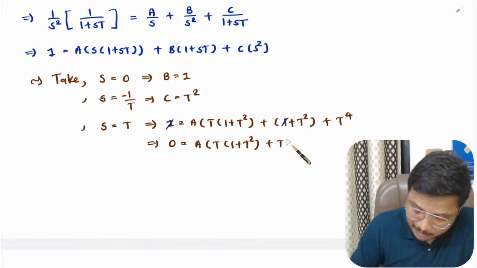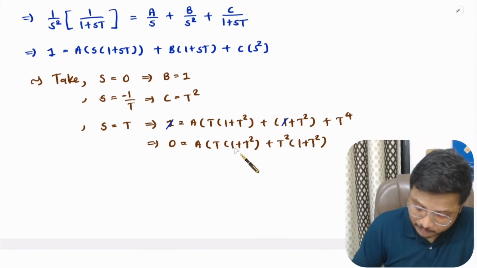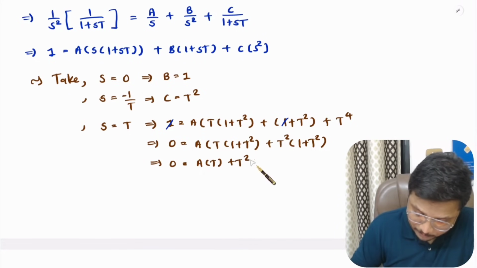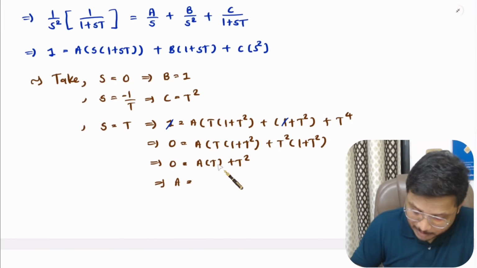You can take T square common, 1 plus T square over here, and 1 plus T square is getting multiplied with 0. So we will have 0 equal to A into T plus T square. If you take T square on the other side, then you will get A, that is minus T square by T, which means minus T.